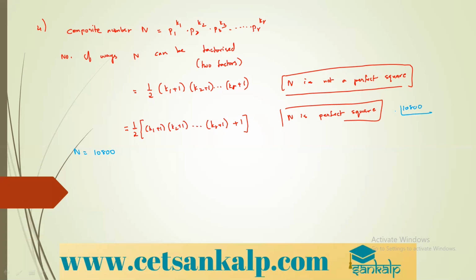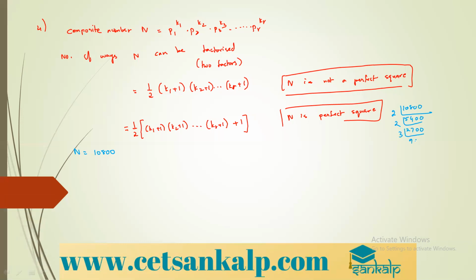So first you will take 5, or you can start with 2 also. The first prime number is 2, so you can start with 2. 2 5s are 10, 2 4s are 8, zeros. Then 2 27s, 0 0.